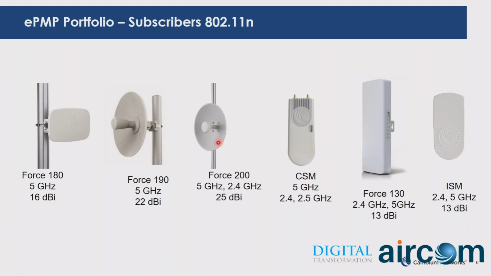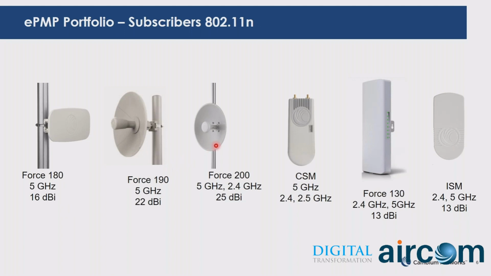Maybe we could have a hands-on class where I can explain in more detail. Time will not permit me to go into much technical detail on why you should use each of those SMs. But what I want you to take out from this session is that you use the SMs with the least antenna gain, like the FOS 130 and the FOS 180, for distances of maybe up to 1 or 2 kilometers.